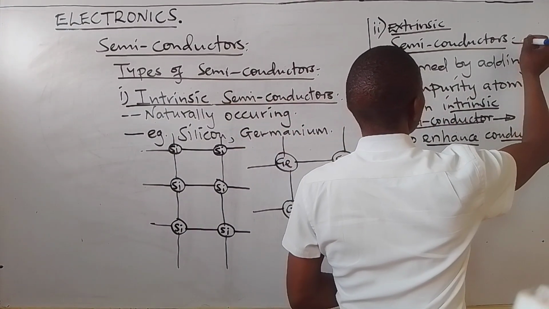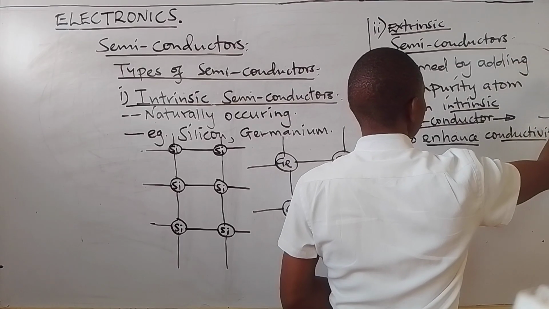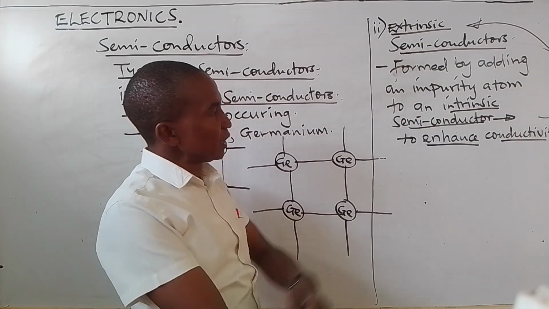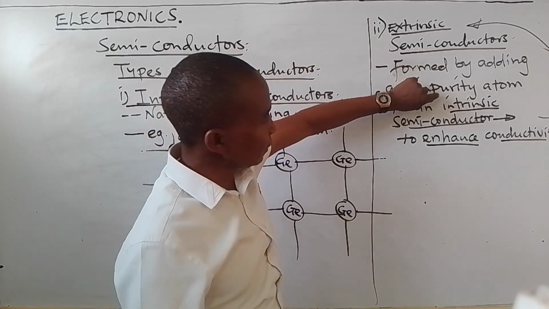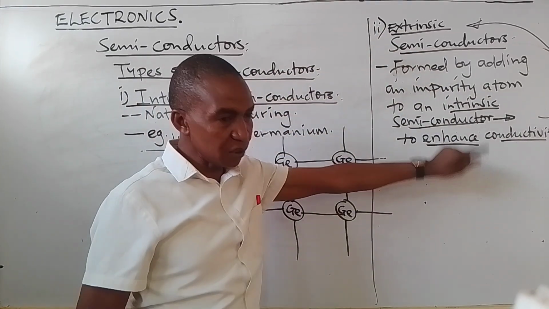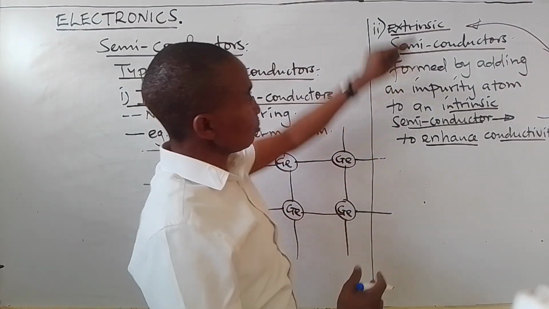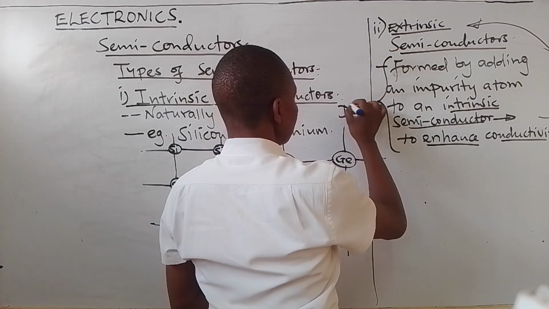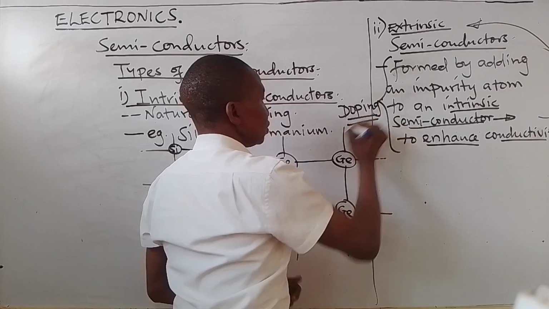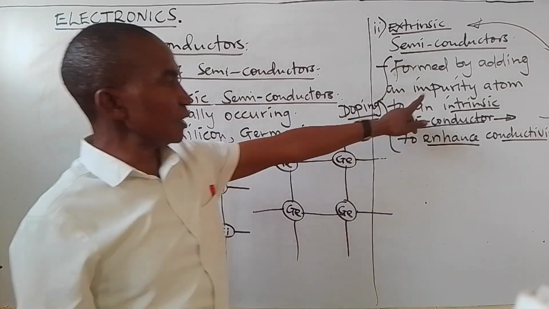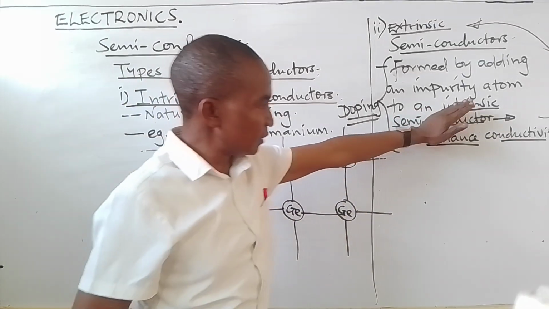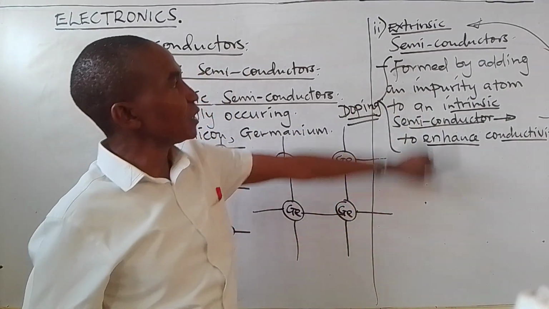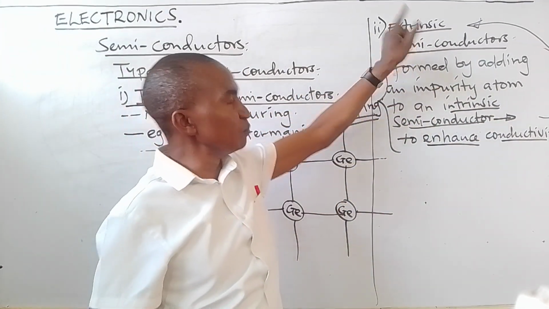We form an extrinsic semiconductor. This whole process is called doping. So doping in electronics means adding an impurity atom to an intrinsic semiconductor in order to enhance its conductivity. It is after this process that we end up with an extrinsic semiconductor.